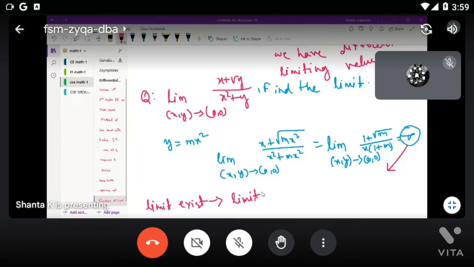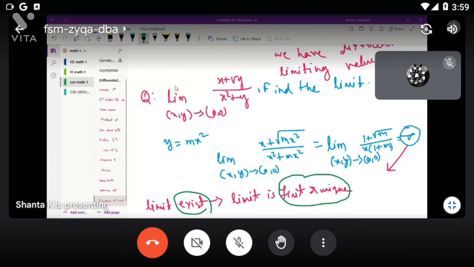So this means limit is finite and unique. Where do you arrive if you go for infinity? If you say limit exists means it's finite and unique, so the limit does not exist.